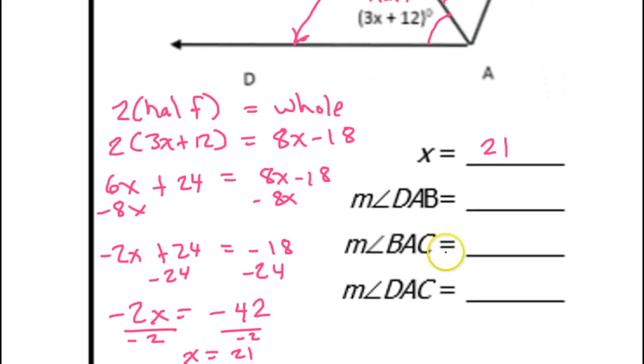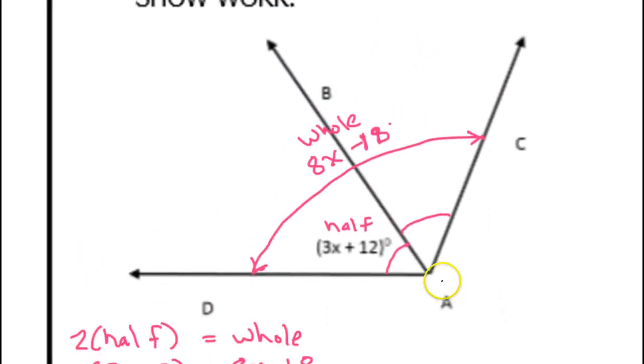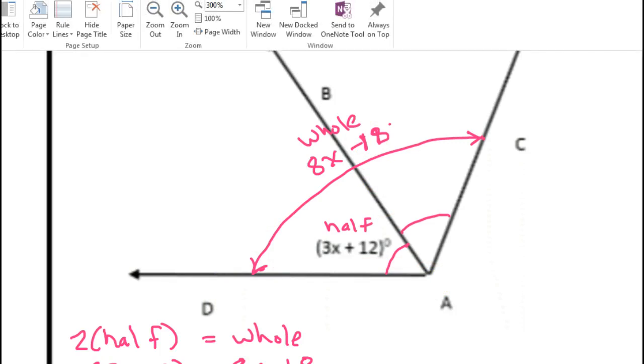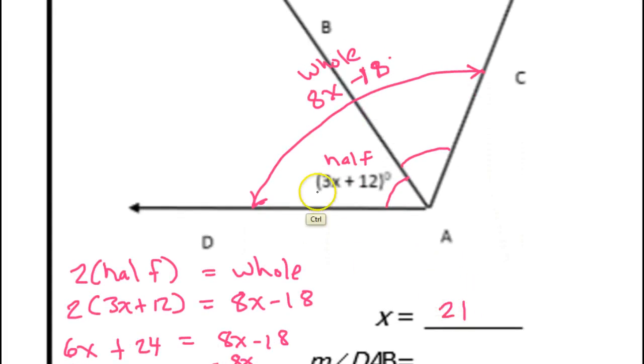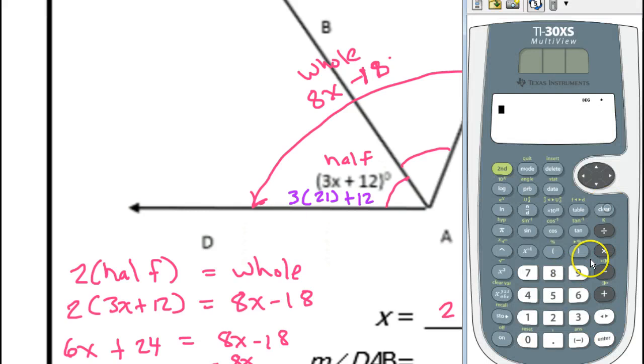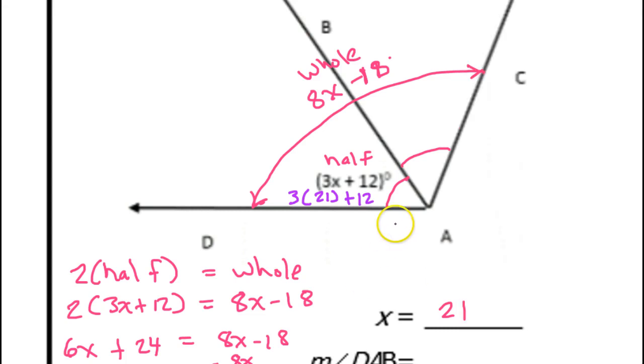So now, what is the measure of angle DAB? All right, angle DAB is half. Now that I know that x is 21, I can just do 3 times 21 plus 12. So that's 75. So this angle is 75.